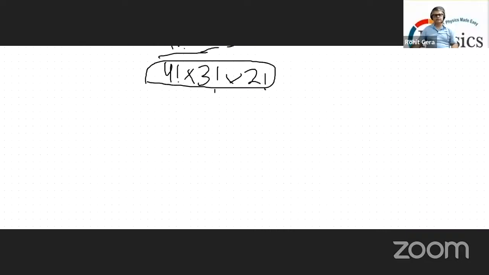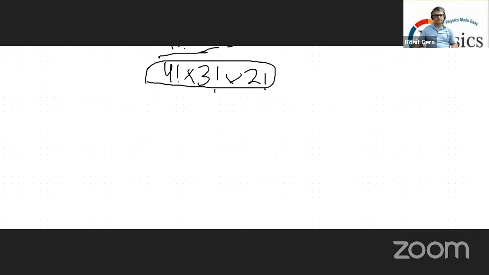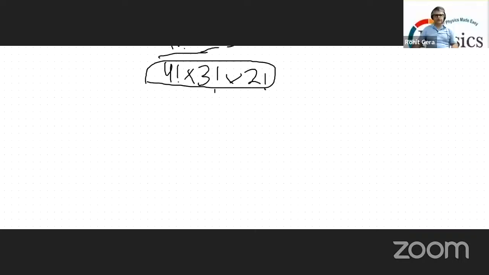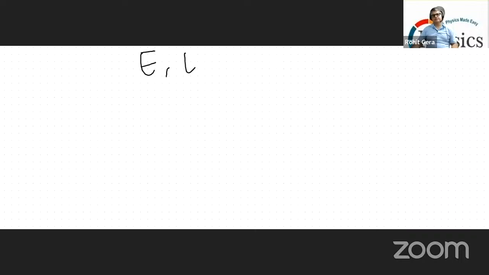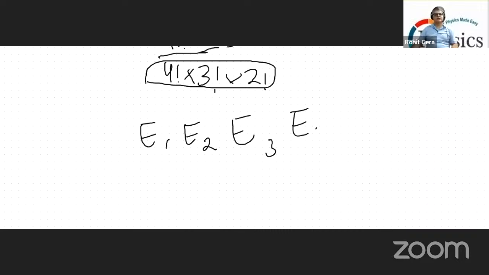Write it down. लिख के देखो. You have to give all the lines and sentences. There is one E. Achha, and okay, I. So which means there are 4 E's and so the total number of actually what you need to keep together is 4 E's and 1 I. The moment you write this, you make them distinguishable.